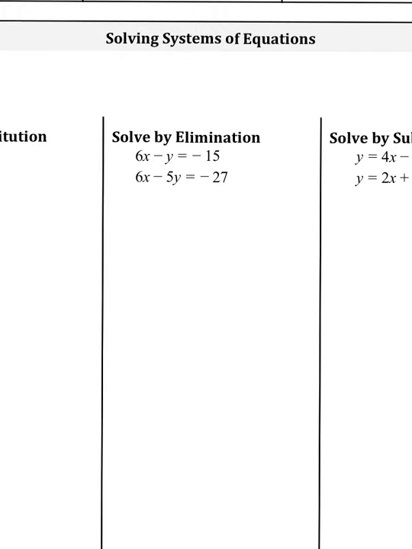Solving system of equations, solve by substitution. The first one is solve by substitution, and you use the y value and plug it into equation number 1. So this is equation number 1 and this is equation number 2. So use the y value from 2 and plug it in 1.